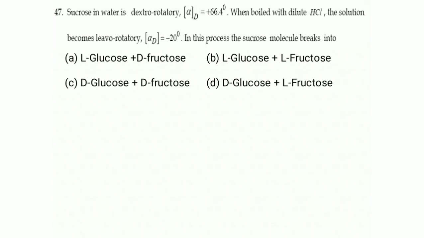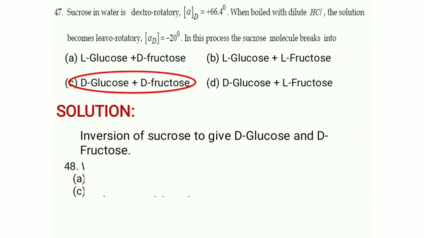Whether it is L-glucose or D-glucose or L-fructose or D-fructose, once you remember, we are always talking about fructose and glucose with respect to D only. We have never talked about L. So hence remember the answer for this question is D-glucose plus D-fructose.